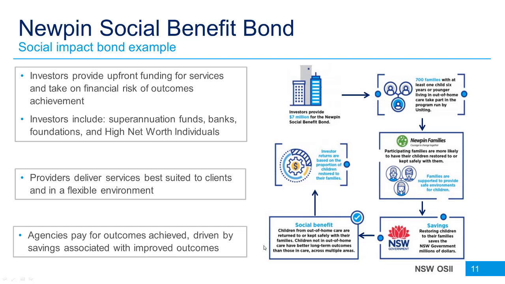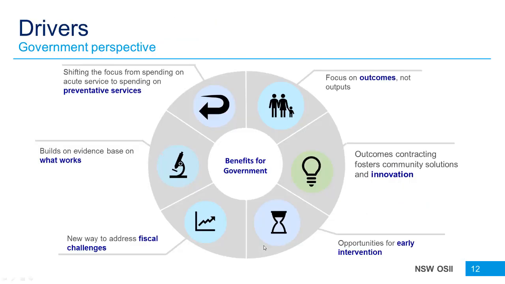So what are the drivers that make governments, investors and service providers want to enter into a social impact investment? Let's start with the government perspective. Government is very interested in shifting the focus of spending from acute services to spending on preventative services. We are also very keen to move funding to outcomes rather than being provided for outputs. The next aspect is seeking innovation in contracts and service delivery.